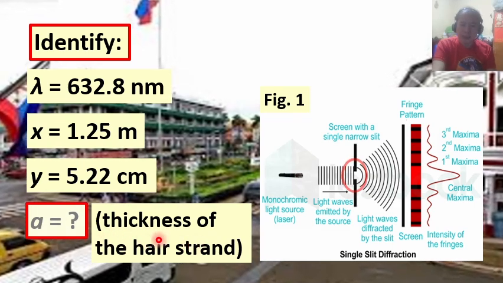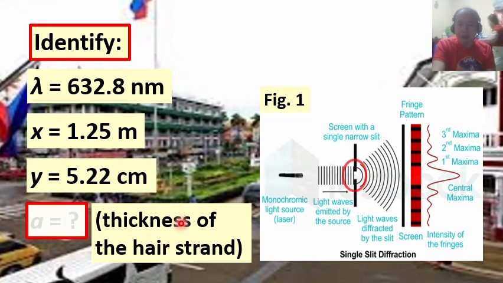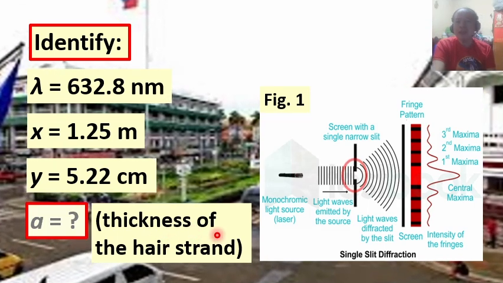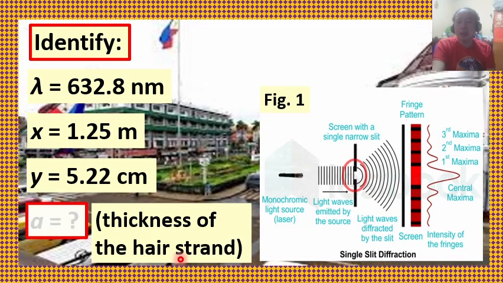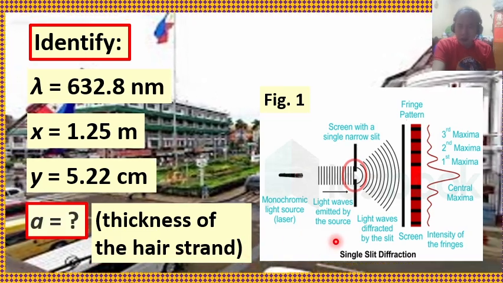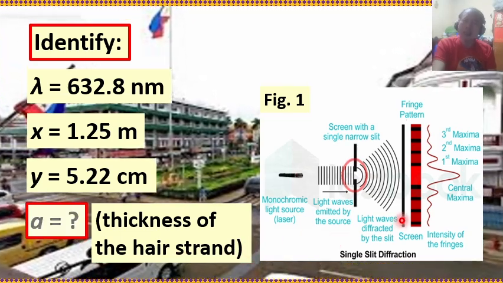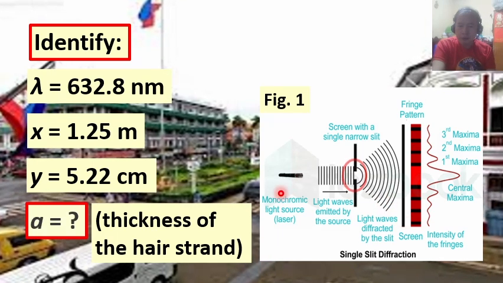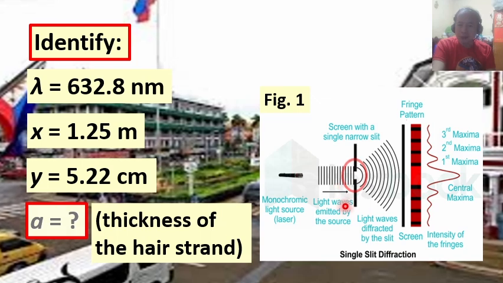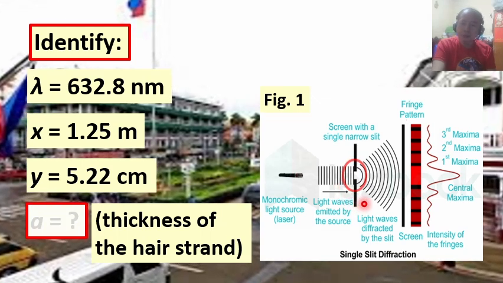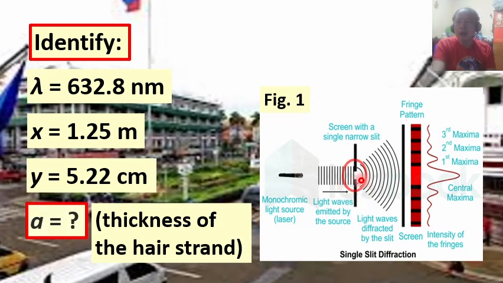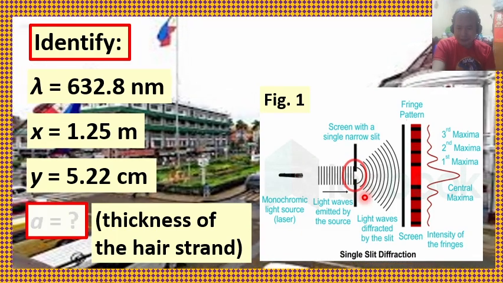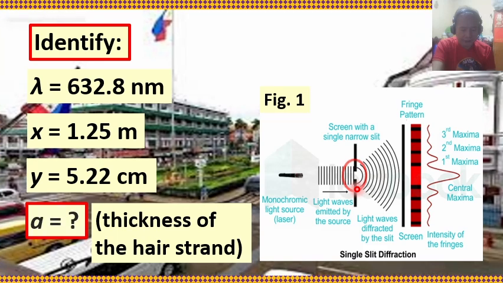So may I say that again? In this problem, small letter a represents the thickness of a human hair strand, which in the usual single-slit Fraunhofer diffraction experiment corresponds to the width of the slit or the opening.